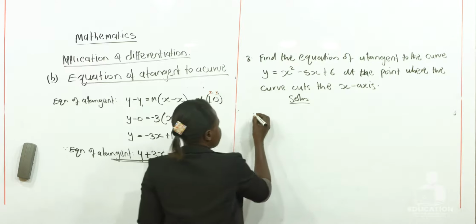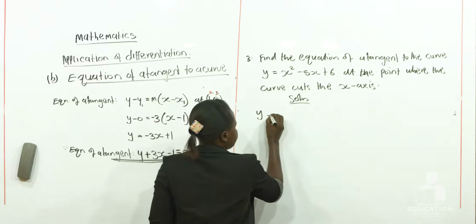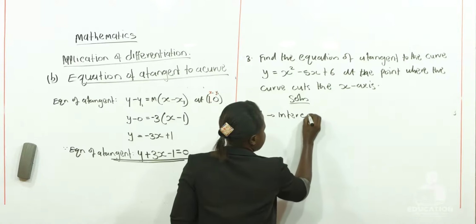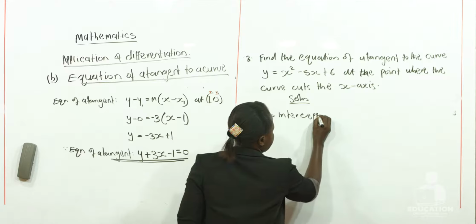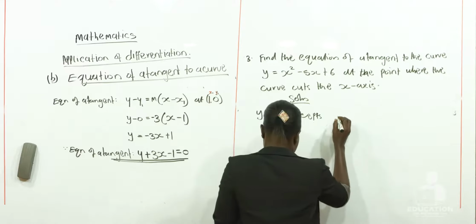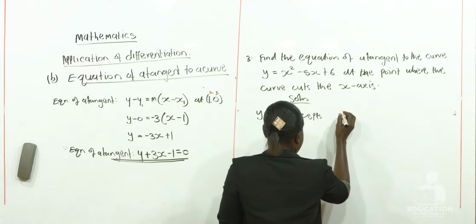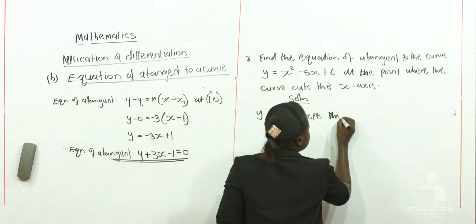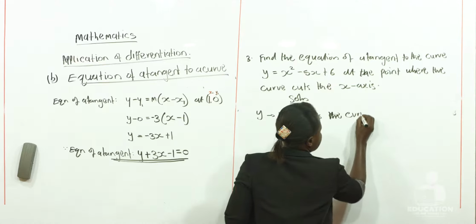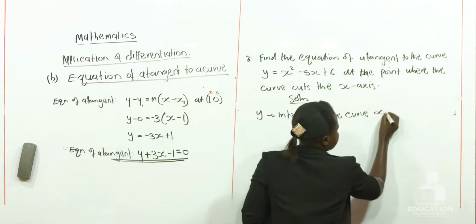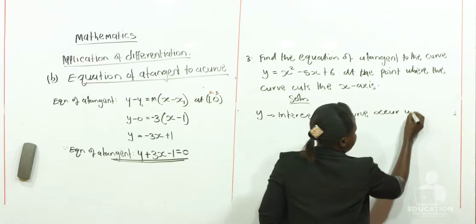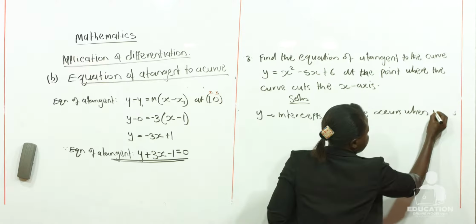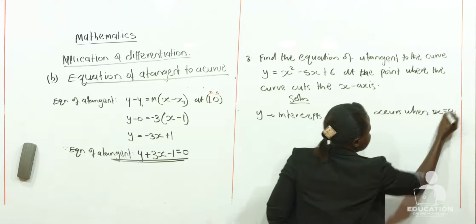So you simply say the y-intercept of the curve occurs when x equals 0.